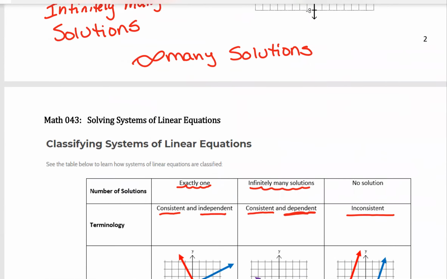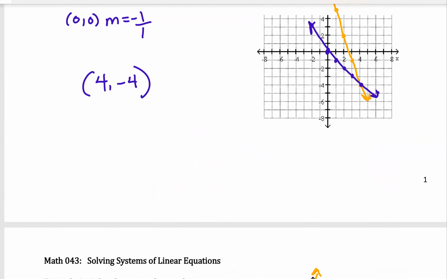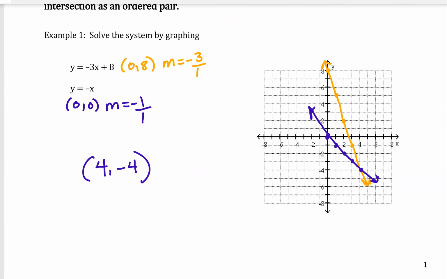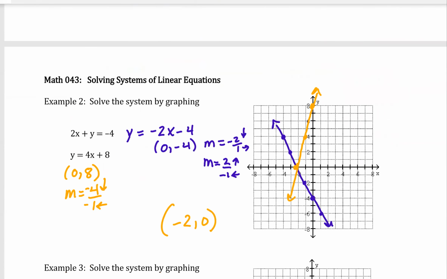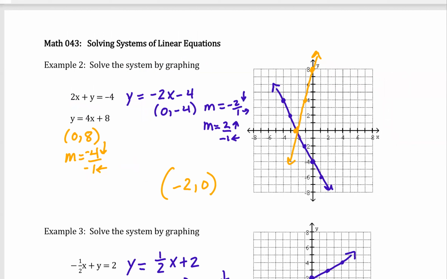So we can go back and we can classify every system that we've just graphed. So for example, 1 has one solution. So we can classify this as consistent and independent. Example 2 would be the same. It would be consistent and independent.